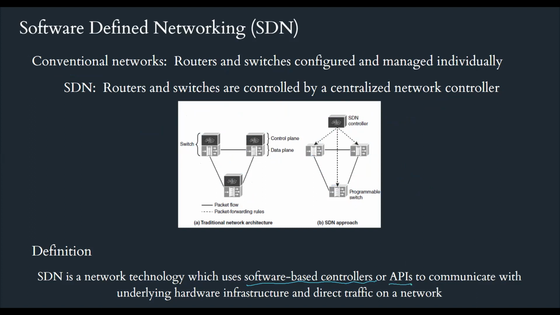Software-based programs are used to build the controlling system, the control plane. The control plane is built using software. So the software is now able to do the function of giving commands to the routers and switches. And after giving commands, they can direct the traffic on the network, right?